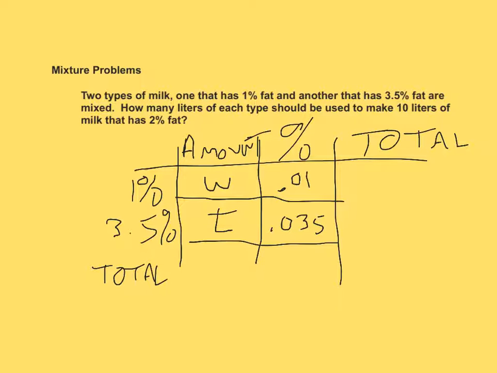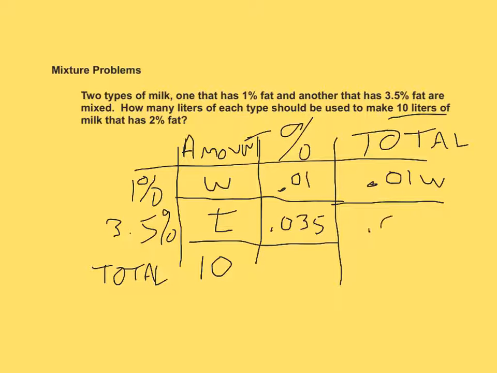So the total amount of milk I'm going to have is W plus T, which I already know from the problem is 10 liters of milk. The total amount of fat in the 1% milk is 0.01 times W. So this far right-hand column is usually filled in by multiplying across.